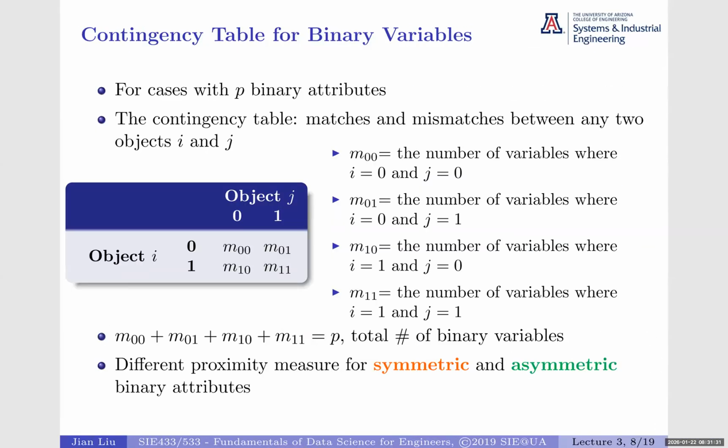Then for binary variables, if we model a data object with binary variables, for example, the test result, right, positive and negative, and so on and so forth, we use a contingency table.